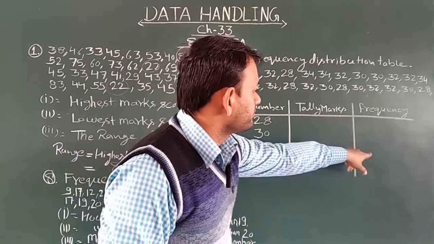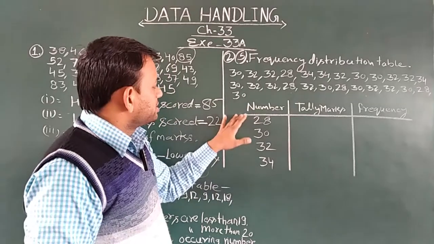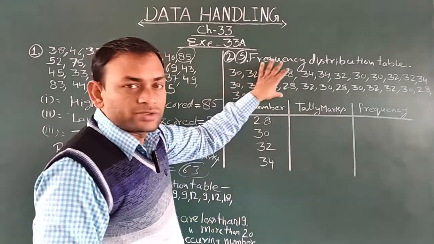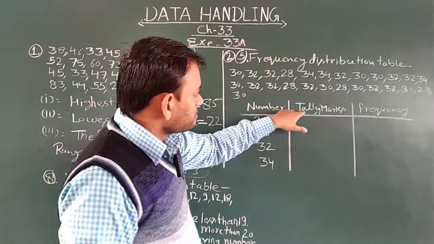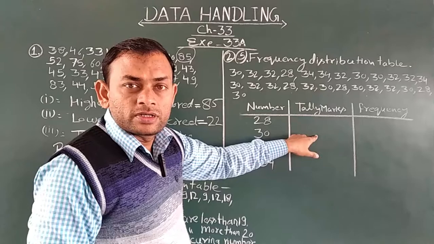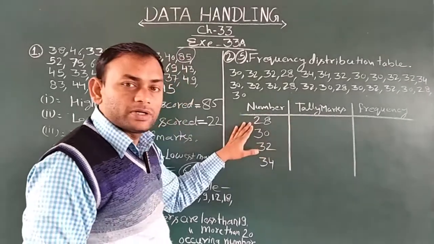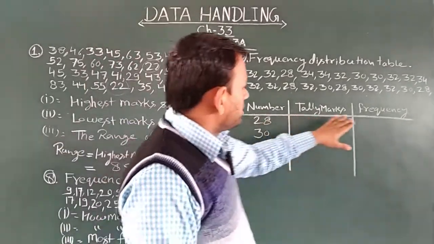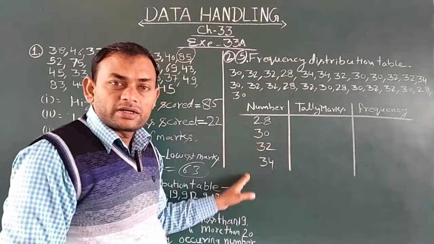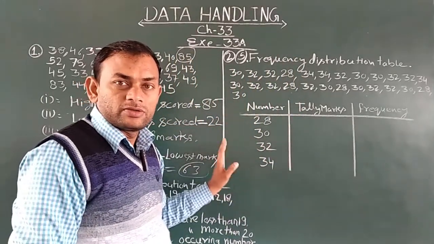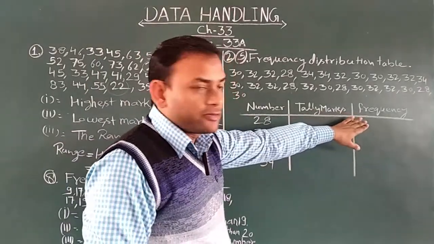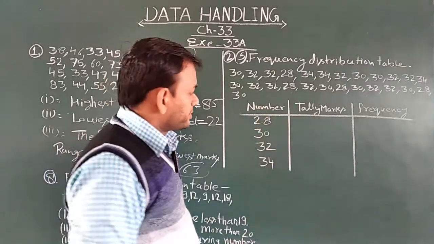In the first column we write the number, meaning the data. The second column is the tally mark, in which we put the tally marks for the given number. In the third column we write the frequency for the given number. For tally marks and frequency, I have already told you in the last video.